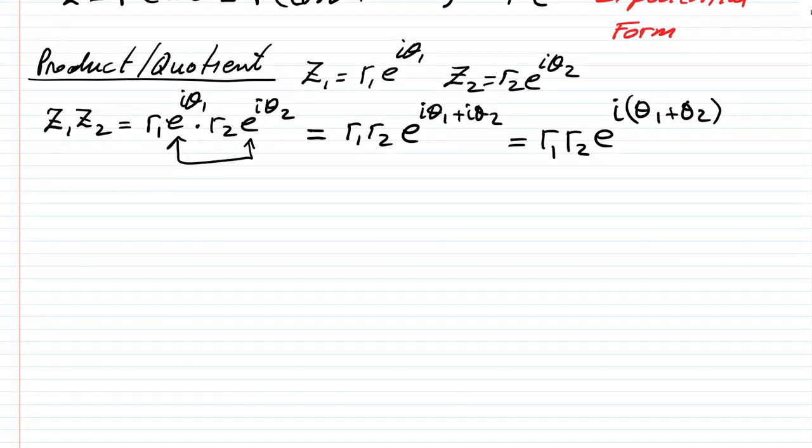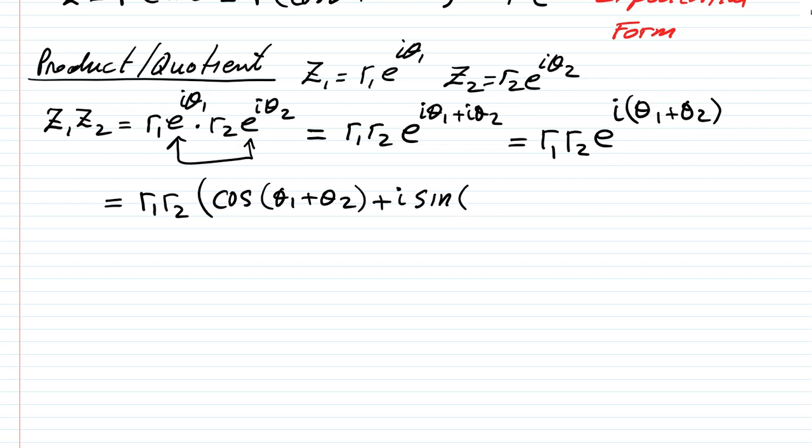Okay. Therefore, if you go back now to the cis notation, I can write this as r1 r2 times cosine of theta 1 plus theta 2, plus i sine theta 1 plus theta 2.